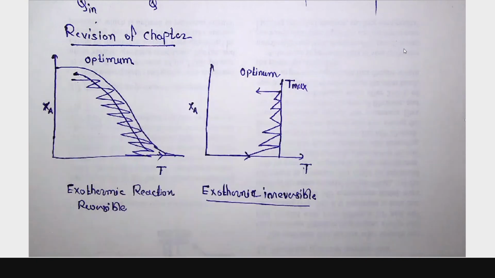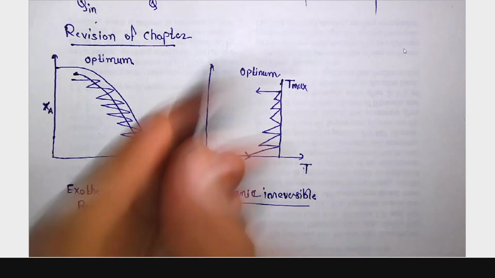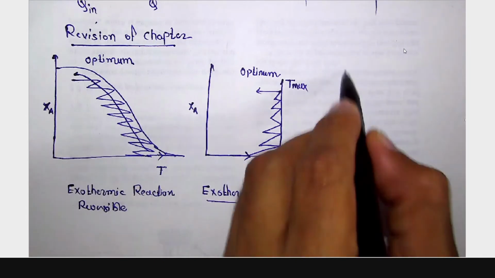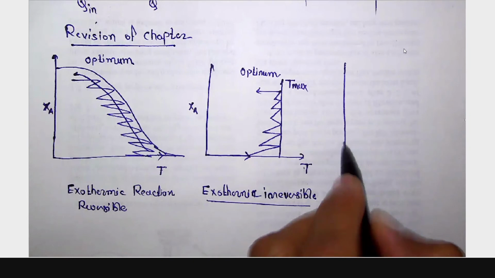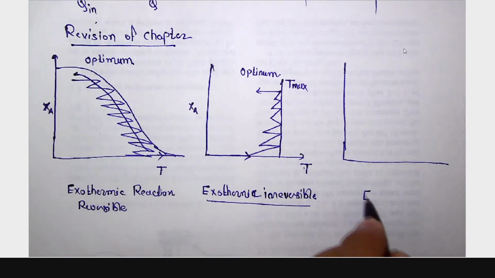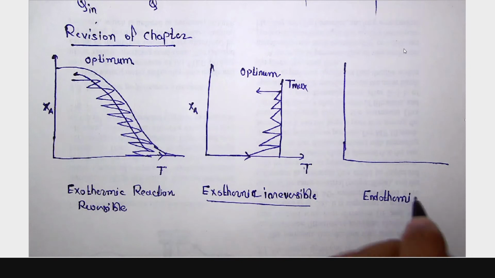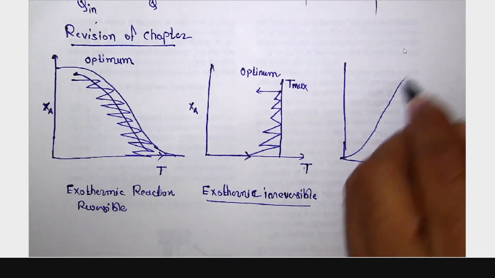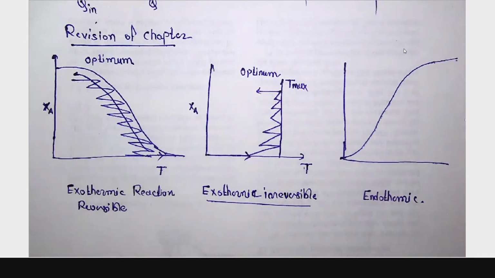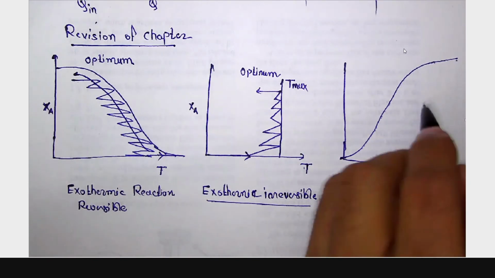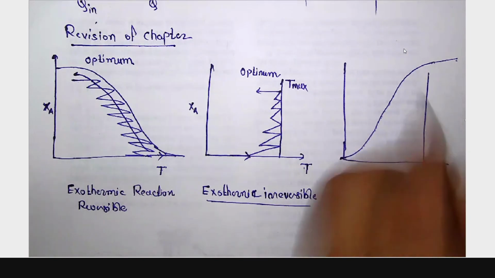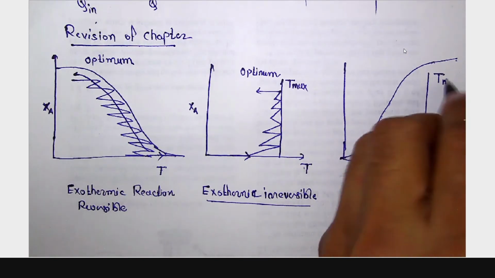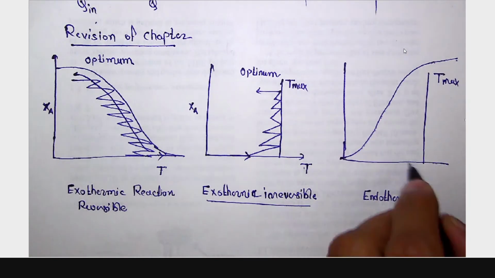And this is for exothermic reaction. In case of the endothermic, it will be some reverse of this. So you have to again operate at T max to get the maximum possible conversion.